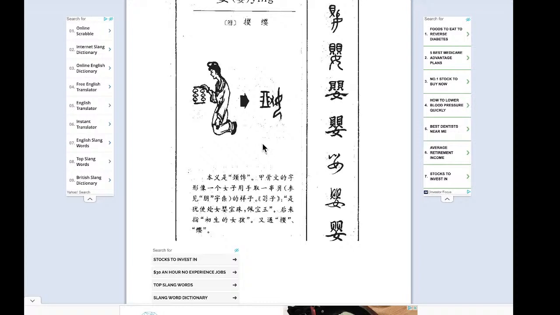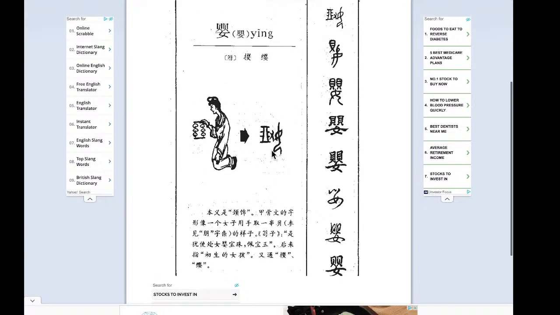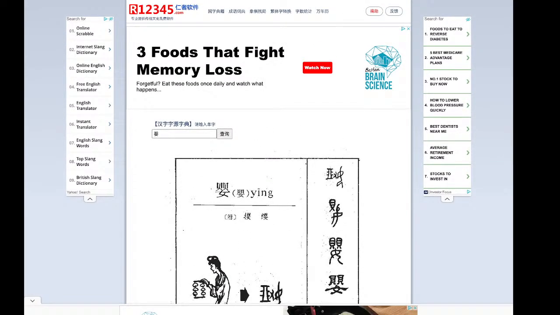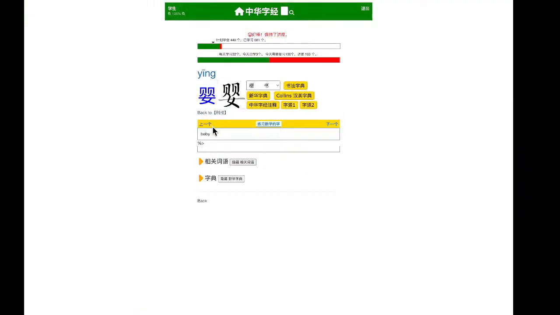So this is originally depicting a woman holding a baby. And then later it came to specifically refer to the baby. Child, son, boy. Mainly it is son, okay?